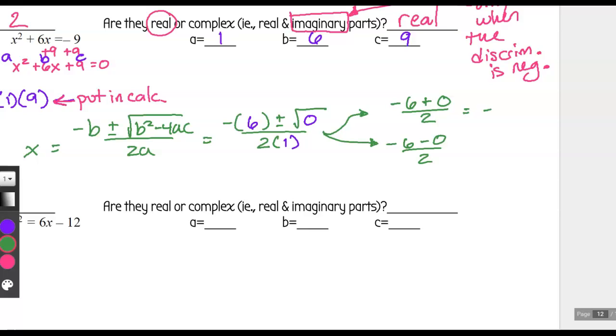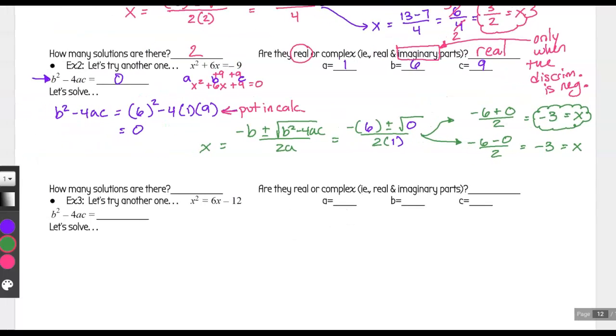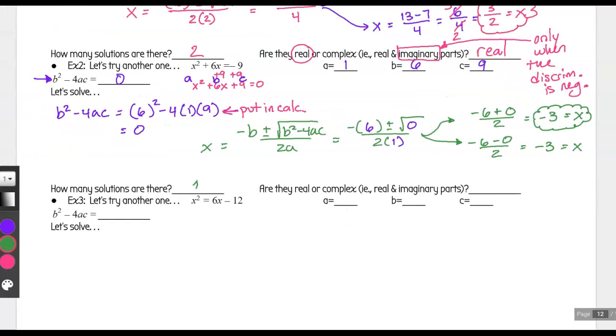Which is negative 3. What's negative 6 minus 0 over 2? How many solutions do we have? Just 1. These are the same number. So how many solutions did we have? 1.